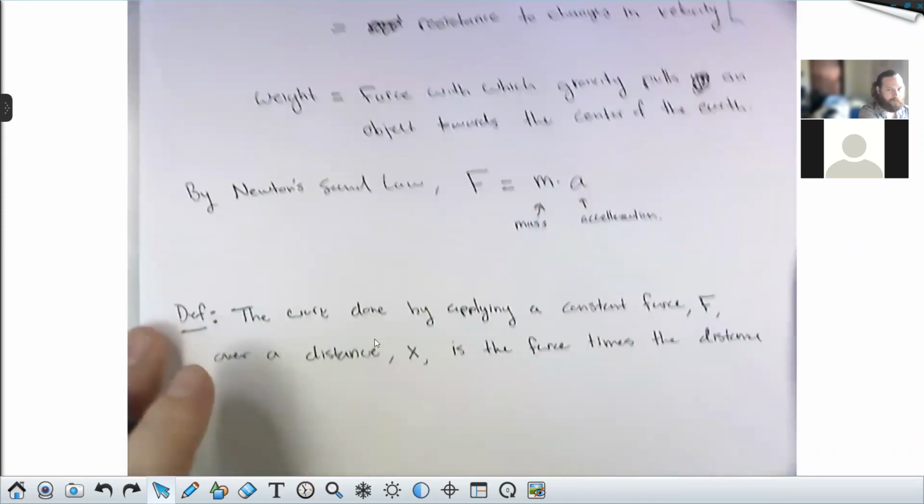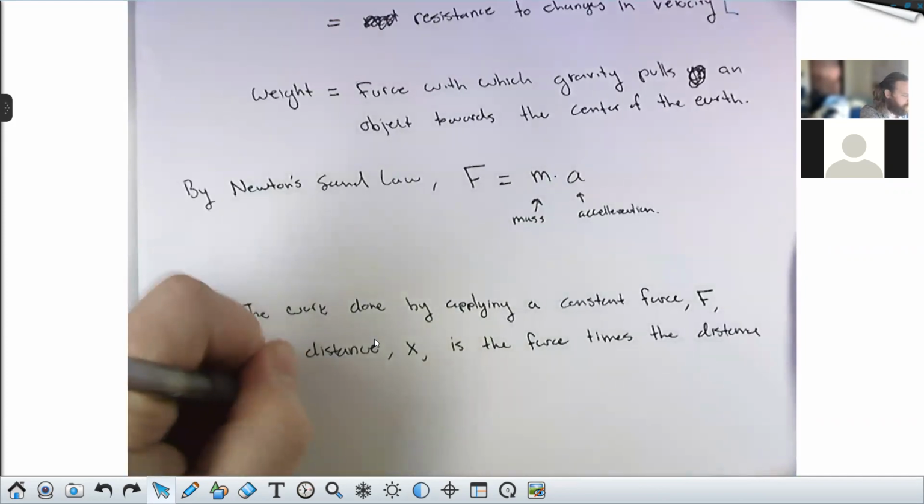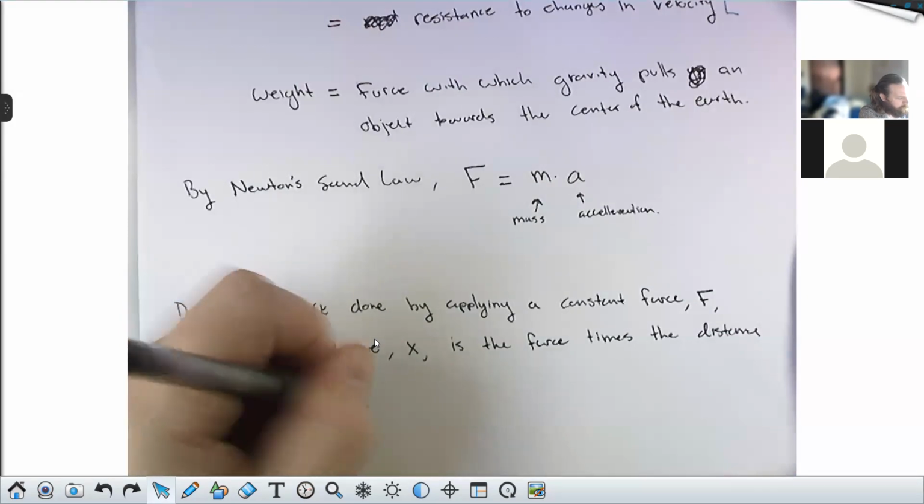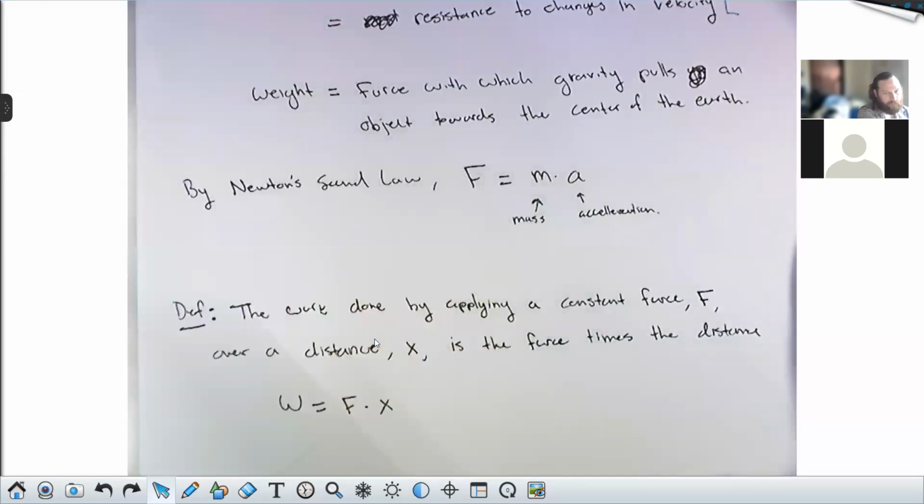All right, this is the definition that we will use. In other words, work, W, is equal to the force times the distance.